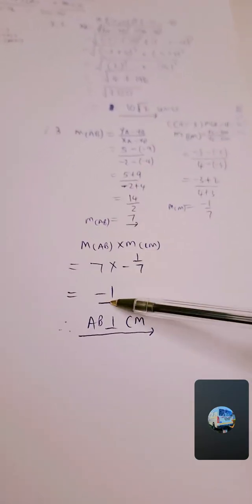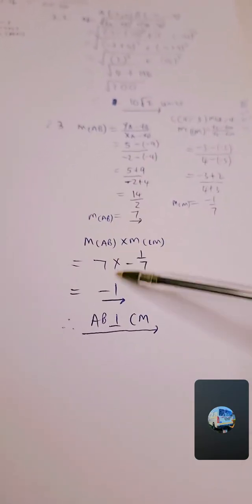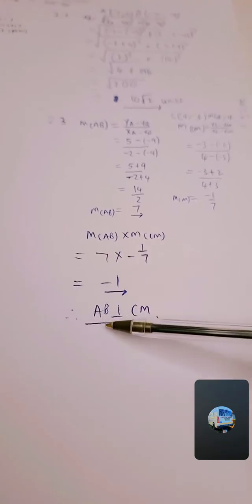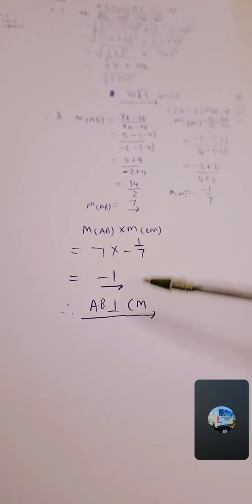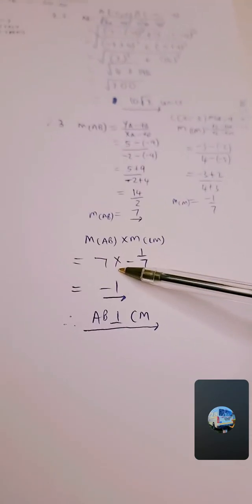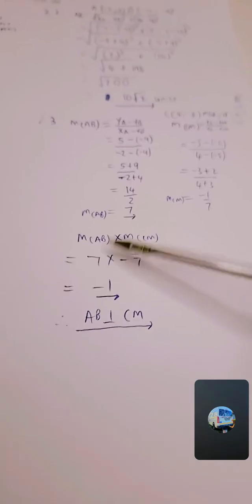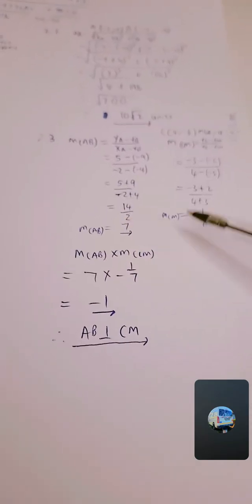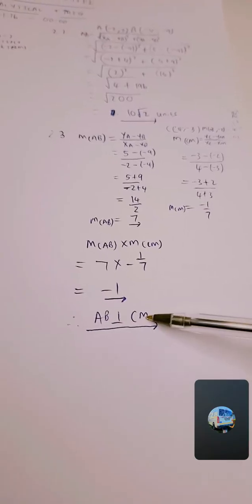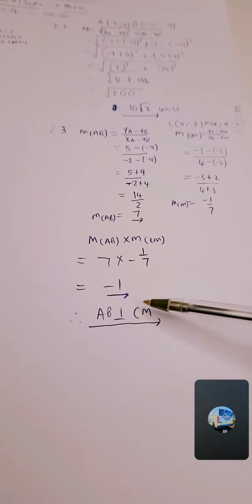But if you've done everything 100% correct and you get negative 1 with the multiplication of the gradients, then you can conclude the lines are perpendicular. But if, for some odd reason, the multiplication of the two gradients calculated correctly does not give you negative 1, then that can only mean one thing, that the lines are not perpendicular.